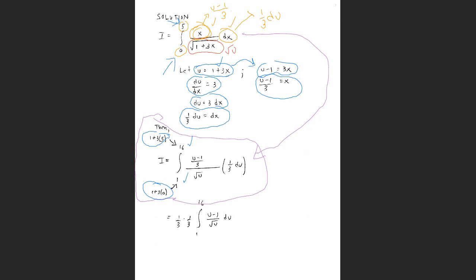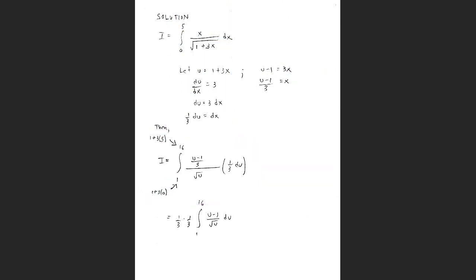And then, of course, the other part is we replace the x with (u minus 1) over 3. And we replace the square root of 1 plus 3x with the square root of u. And then the dx is 1/3 du. Are there any questions up to here?